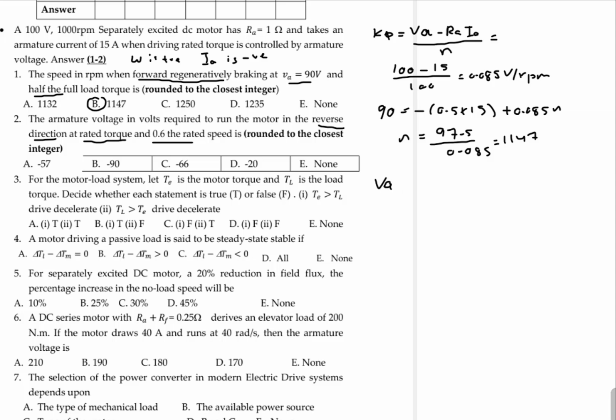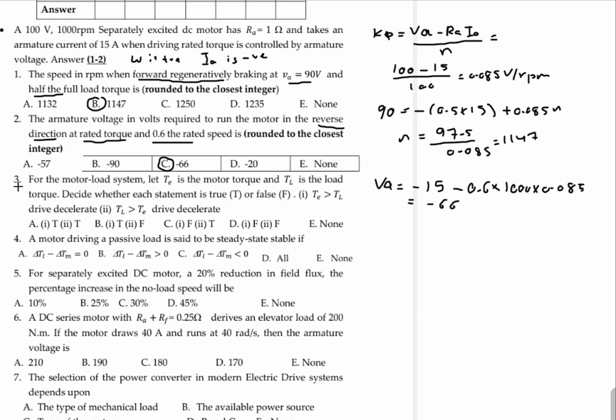So VA will equal minus 15, the rated current, multiplied by the 1, the resistance, minus 0.6 multiplied by the rated speed 1000 multiplied by K phi in volt per RPM, 0.085. If we do the math, then VA will equal minus 66. So the answer here will be C.